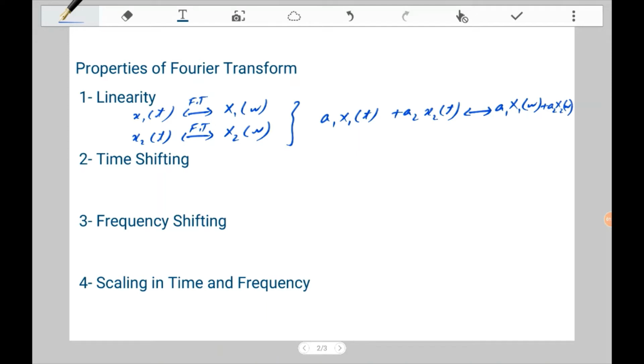So this is the linearity property of Fourier transform.